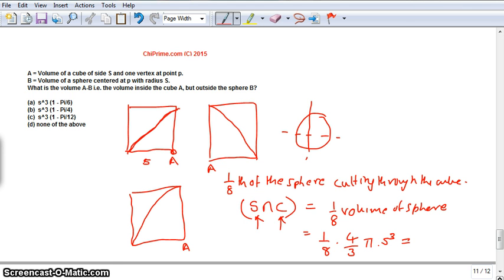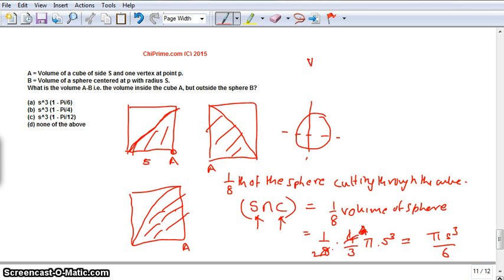That would be the shaded volume here in these figures, representing the top and the side views. All right, so that would be, I'm sorry, 4 times 4 was twice in this, so pi S cubed over 6 would be the volume of the intersection.